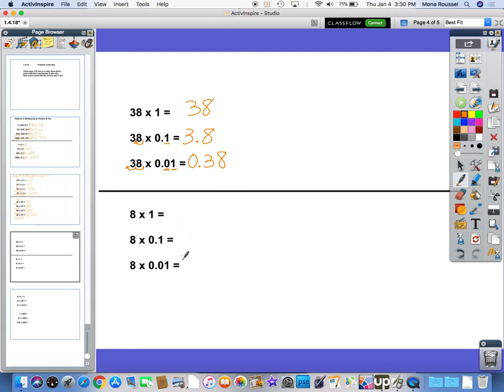In these next sets, we're multiplying 8 times, first of all, 1, which we know is 8, then 8 times 1/10. So we have to know where to place the decimal. Remember, that's behind a whole number. 1/10 is in the first decimal place behind the decimal point. So we're moving the decimal only one time to the left. So the decimal is now in front of the 8.